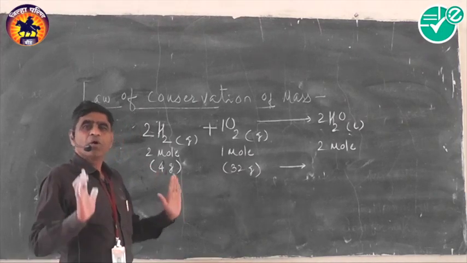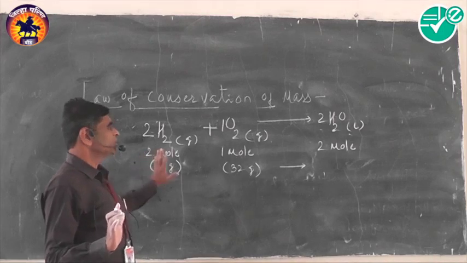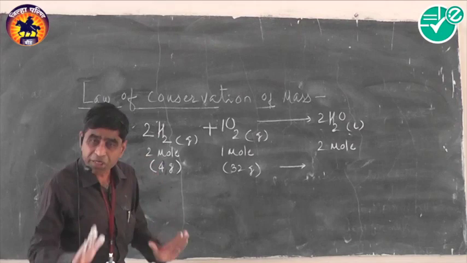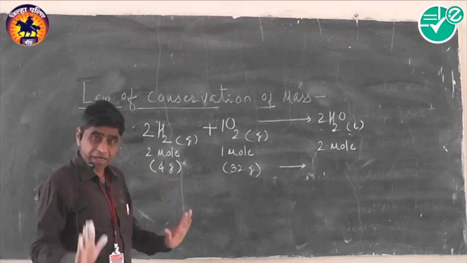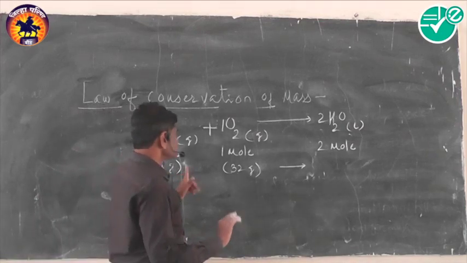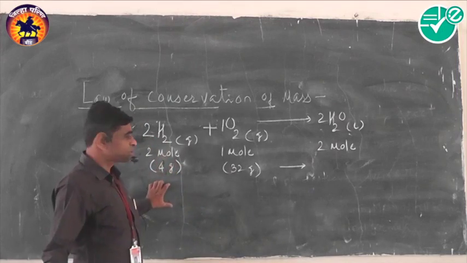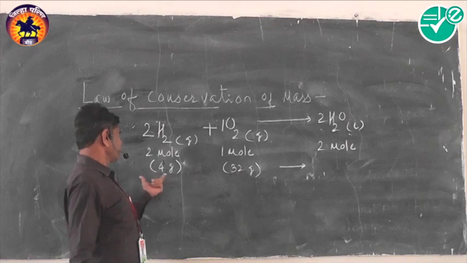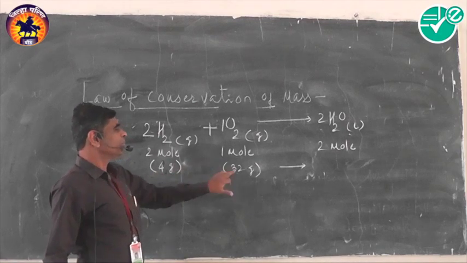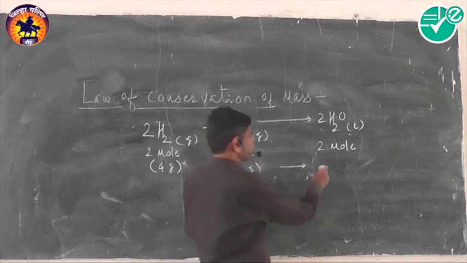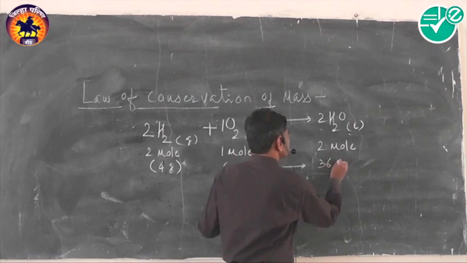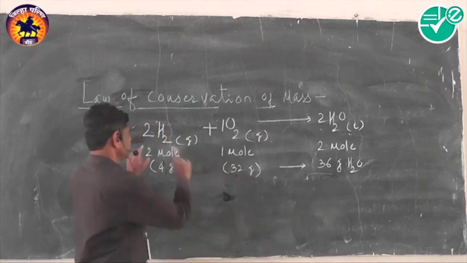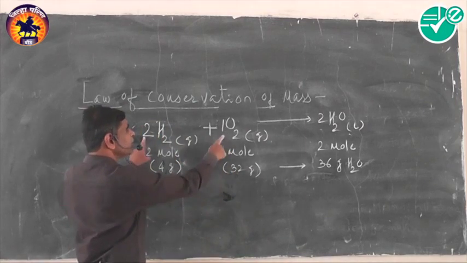When 4 gram hydrogen is allowed to react with 32 gram oxygen under suitable conditions of the given reaction, it completely reacts with the 32 gram oxygen, and there is a formation of 36 gram water. In this reaction, both reactants completely react.